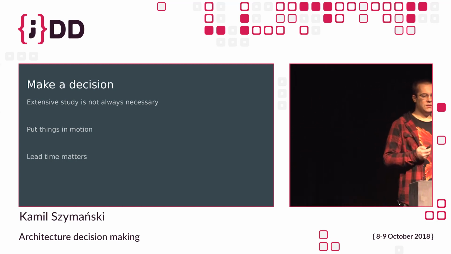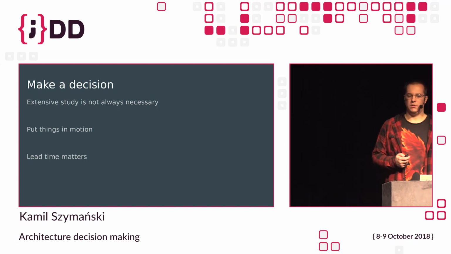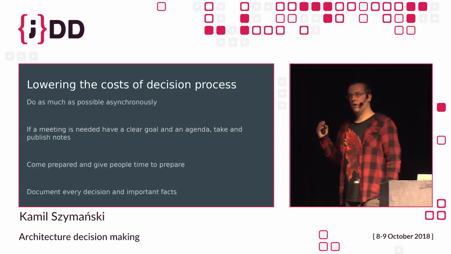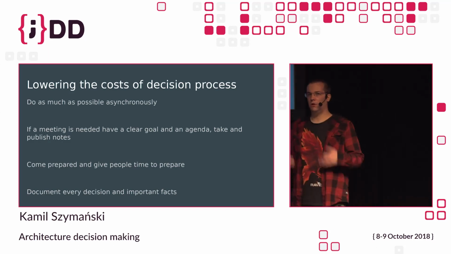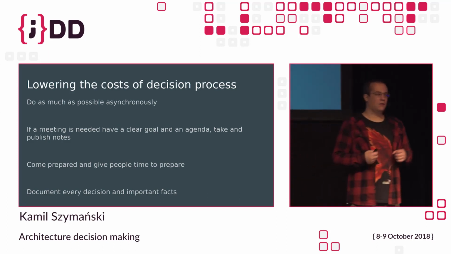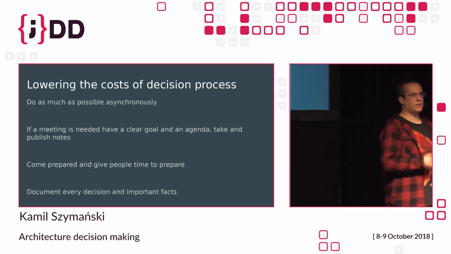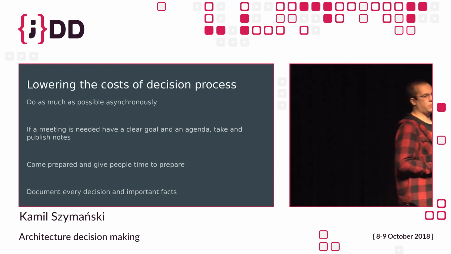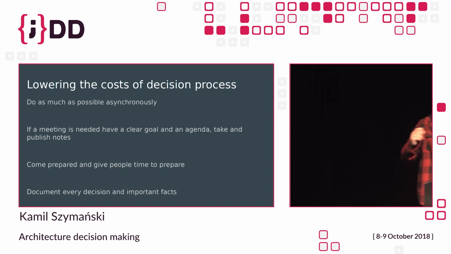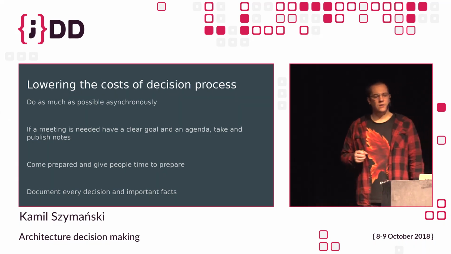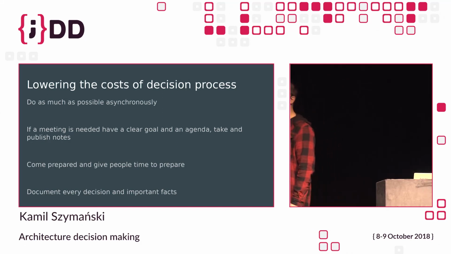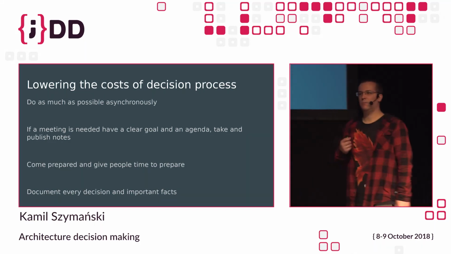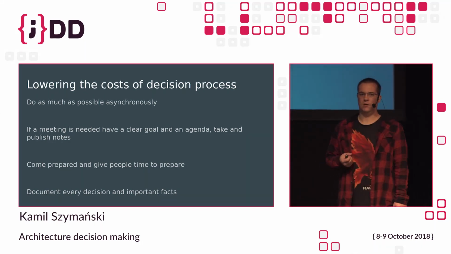And all of those decisions come with a cost. Most decisions require a lot of meetings or a lot of talking, and this is a huge cost. It takes time, and not the time of a single person, but usually a few or a lot of persons. So let's try to keep those costs to a minimum. The easiest way to do that is to do as much as possible asynchronously.